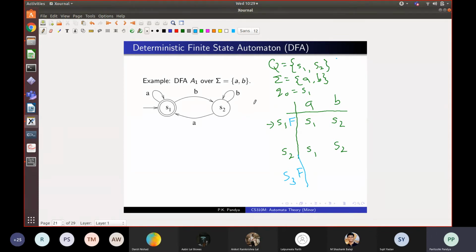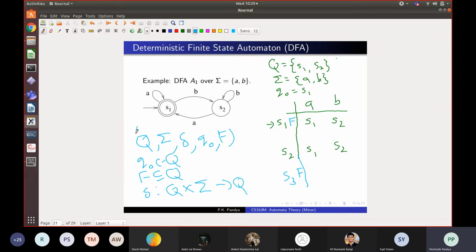So we have three representations. We have this mathematical representation where every automaton is given by the following things: the set of its states, the alphabet, which is the set of letters, the transition function, the initial state, and the set of final states, where Q0 is a member of the set of states, and the set of final states is a subset of Q, right? For a given automaton, you have to fix what that F is. And finally, delta is a function from Q cross sigma to Q. So every finite state automaton M is a 5 tuple like this.